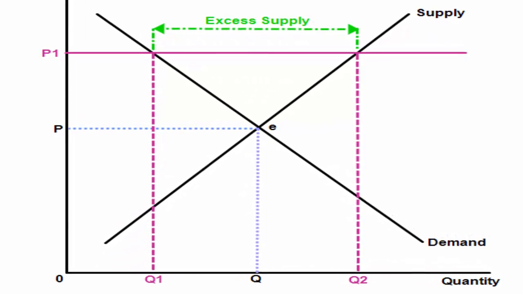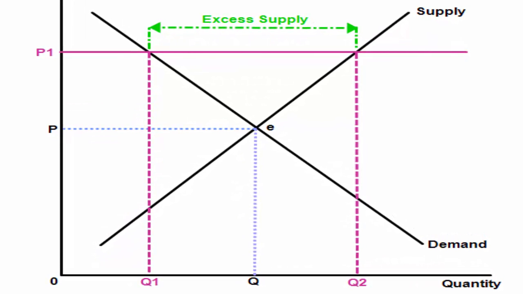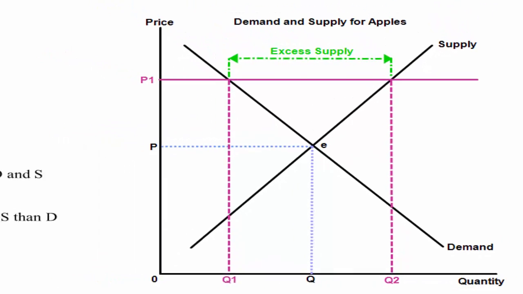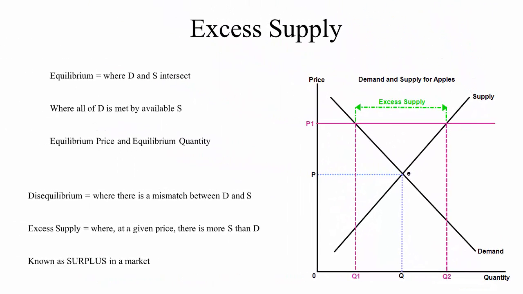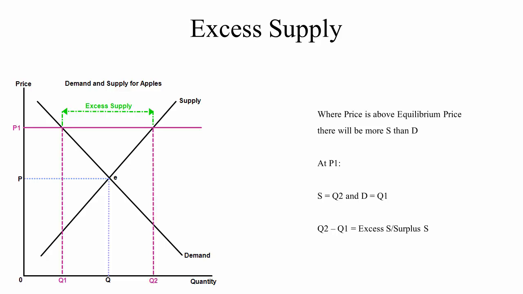And the reason for that is because now the higher prices mean that fewer consumers can afford to buy that good, their incomes won't go as far to buy that good, some consumers will have to stop buying that good at that higher price. And as a result, if that was the price in this market, there would be a mismatch between demand and supply at that price. There would be Q1 demand, Q2 supply, and that difference is what excess supply is.